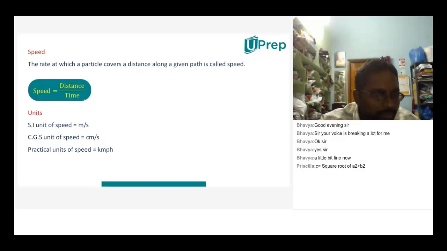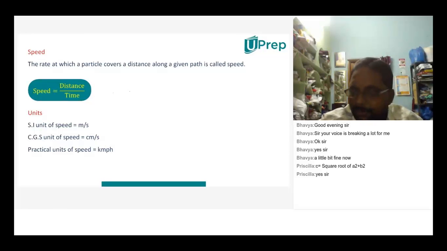Maybe you know this formula. Speed is equal to distance by time.